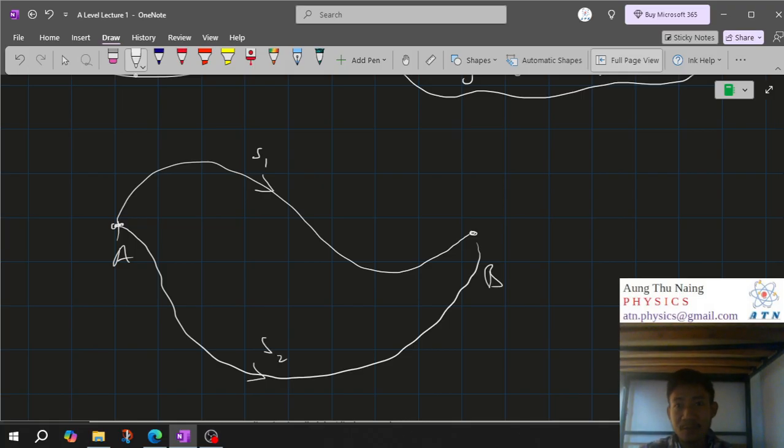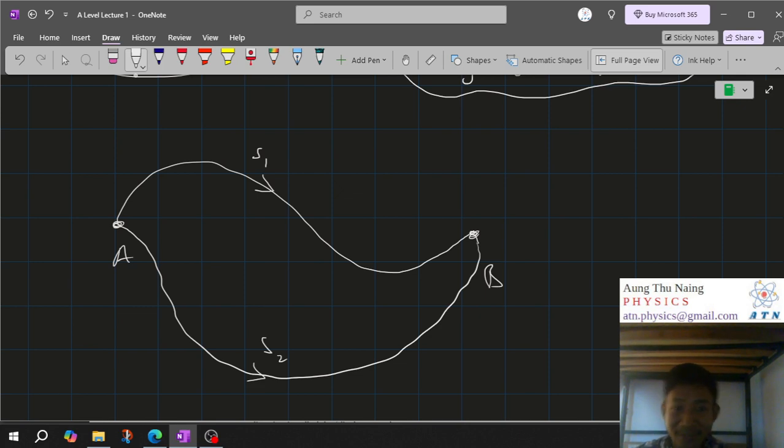So in motion, we must have a path to change the position. This is an essential condition because the position of an object cannot change without any path.